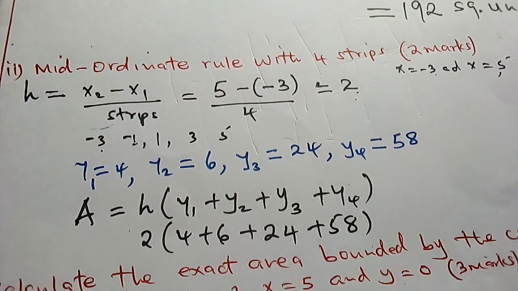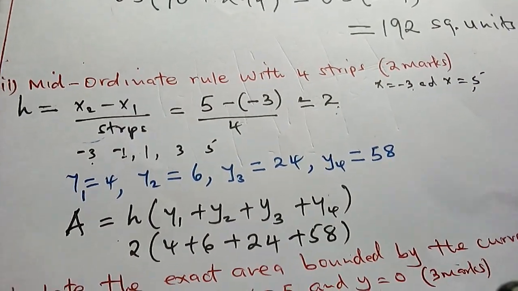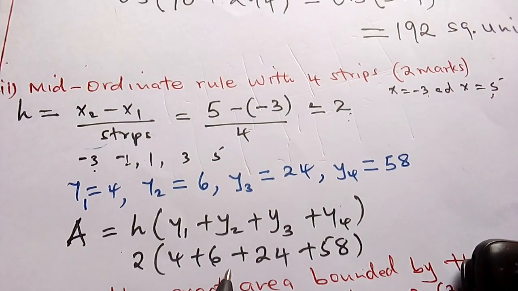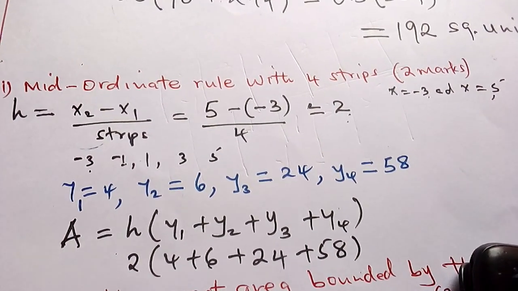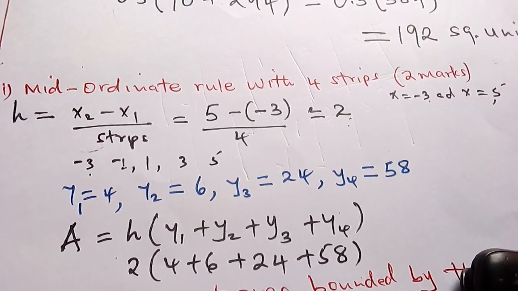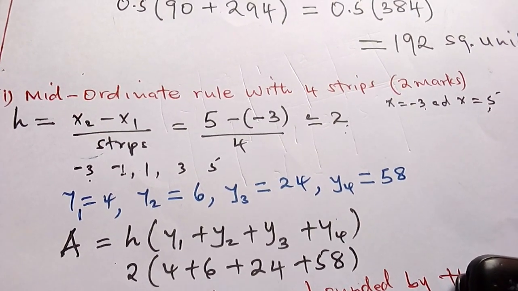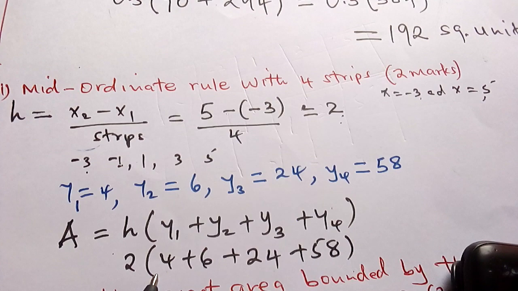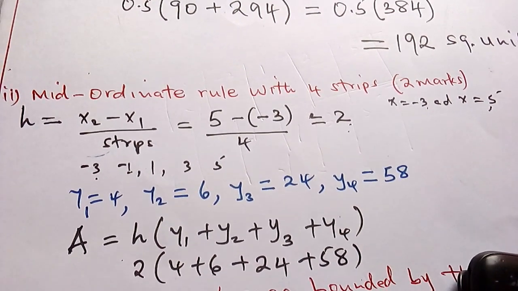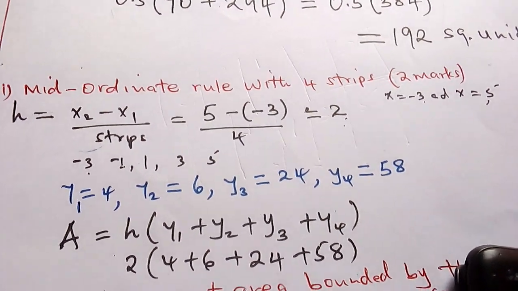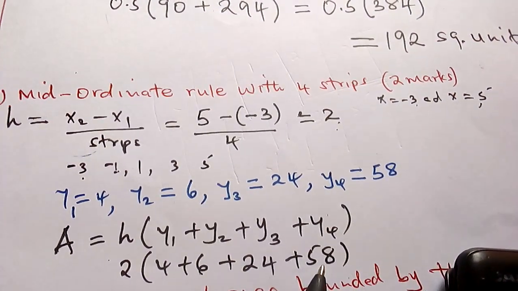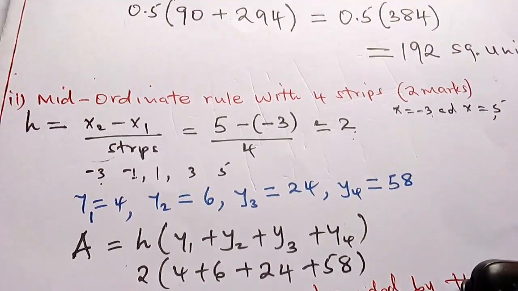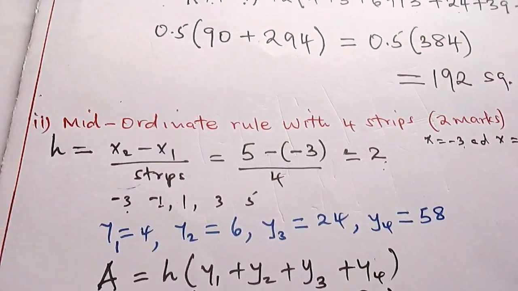So if you work out this one here, 6 plus 24, that is 30. 30 plus 4, that is 34. Then 34 plus 58, that is 92. 92 times 2, that is 184.